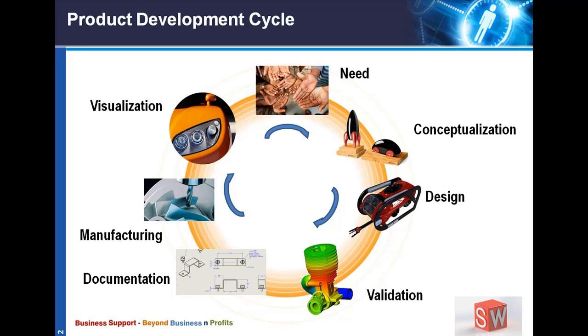And based on this, you will have a small conceptualization, that is, it may be a hand-drawn 2D sketch, or it may be a 3D view, or it may be a small prototype of the entire product or a partial of it. Once this is completed, they will go for the next process, that is design.